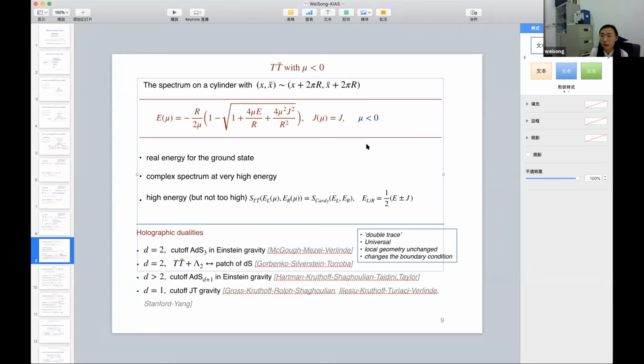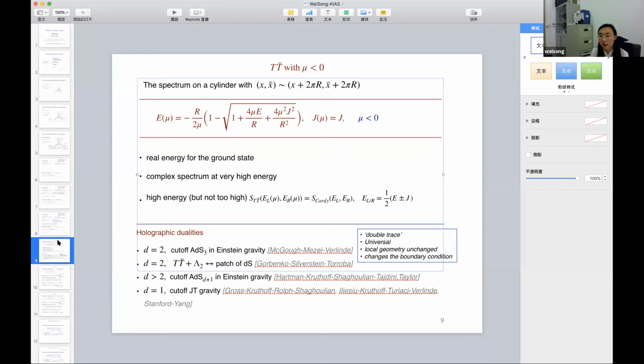One can also add this so-called lambda 2 deformation, and then the bulk geometry would become a patch of de Sitter space. There are also higher dimensional generalizations of this TTbar deformation, and again, the bulk proposal is to impose some Dirichlet boundary condition at finite cutoff. There are also lower dimensional proposals.